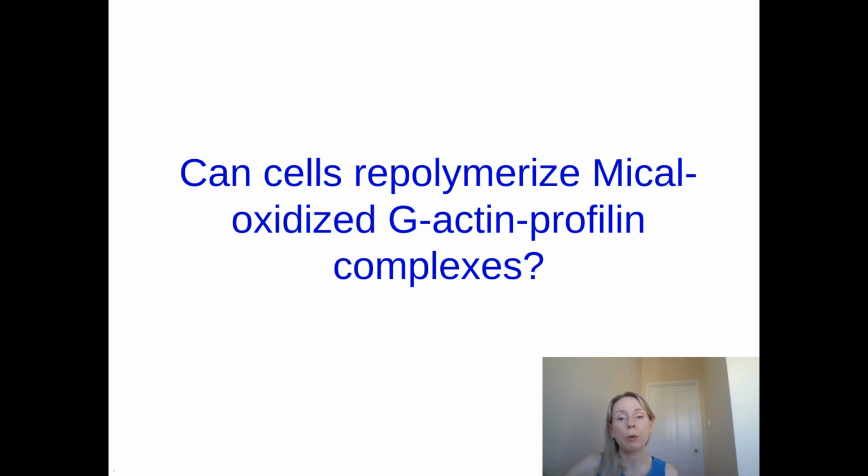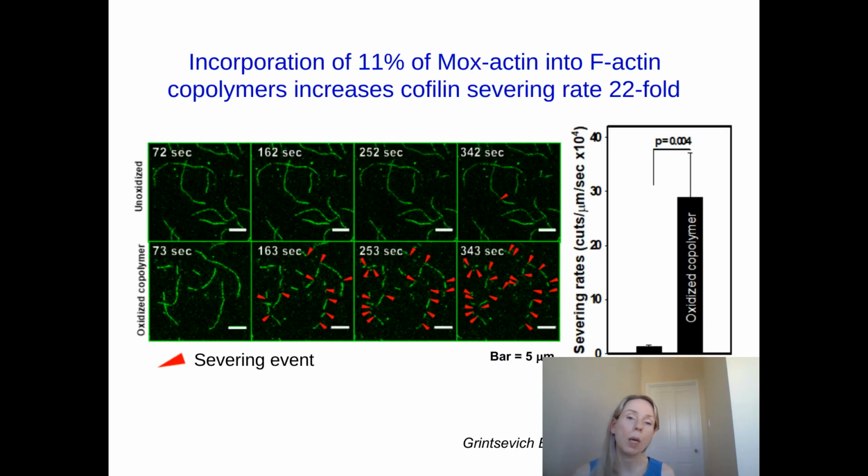Can cells repolymerize Mical-oxidized actin in the complex with profilin? And why this is of any interest is because of our data showing that even incorporation of a small percentage of these oxidized monomers into actin polymers can really alter their properties. And if this oxidized actin after depolymerization can be driven back into polymers, that can result in long-range effects, which would affect cellular dynamics and function.